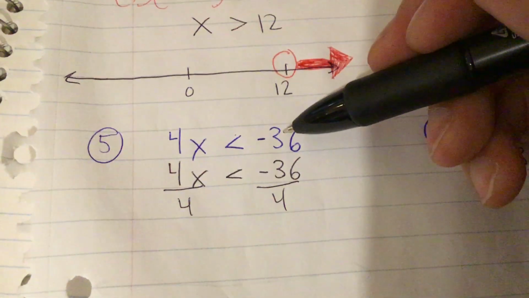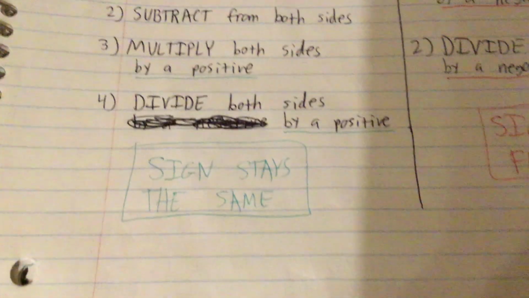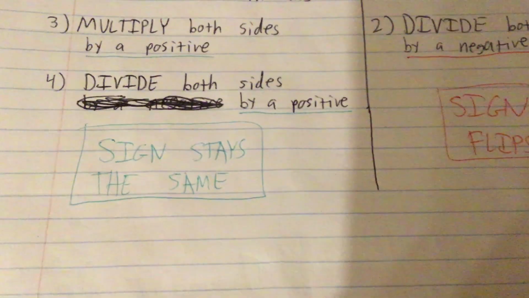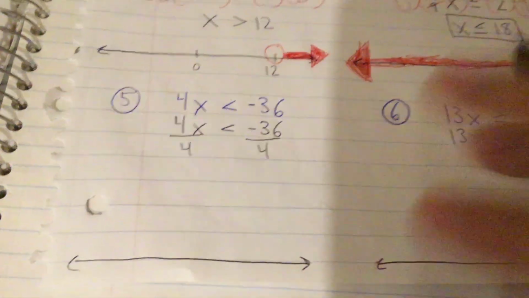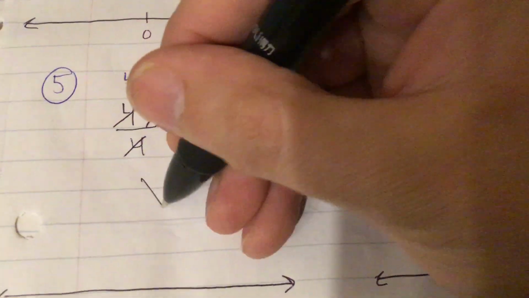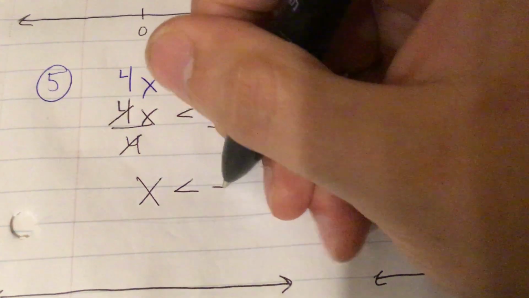Right, the right part is negative, but I didn't divide both sides by a negative. I divided both sides by a positive. So that sign technically has to stay the same. So that cancels out, leaving me with x is still less than negative 36 divided by 4, which is negative 9.